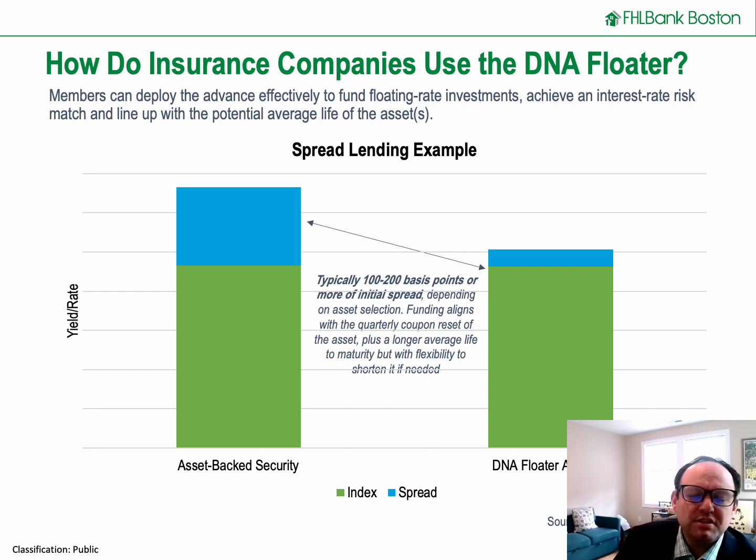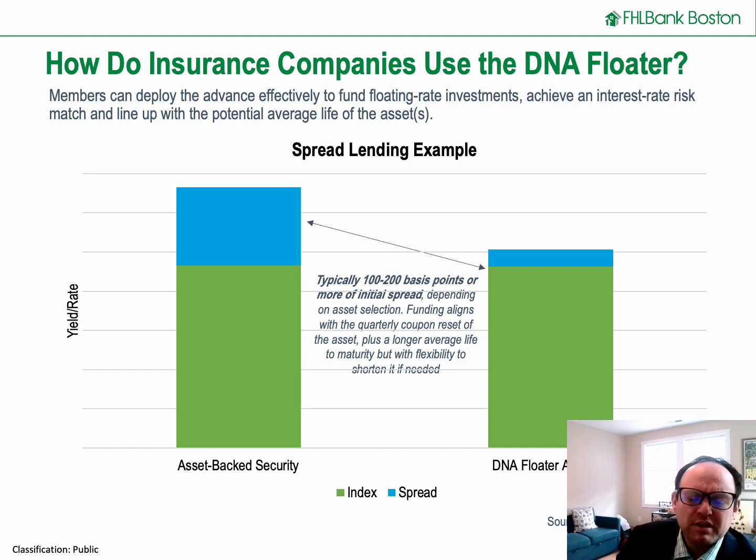So you'll see in the graphic that the index component is going to be very close and matched and resetting on the same frequency. As short-term rates move up and down, the coupon on the asset will move in lockstep with the index on the floating rate advance.